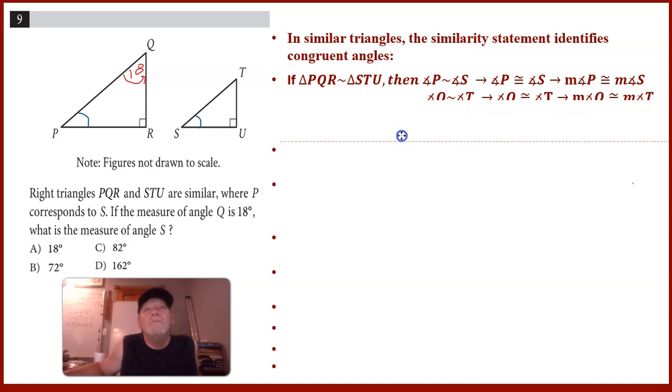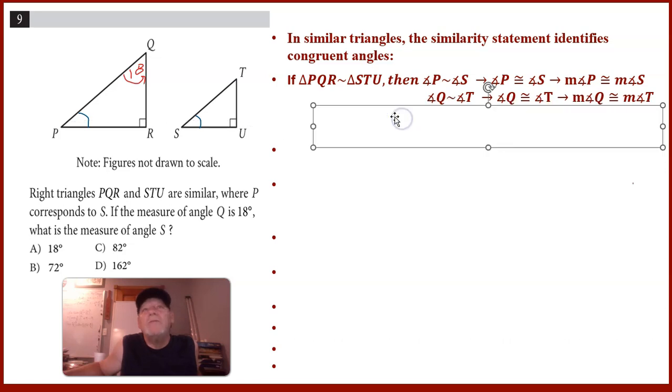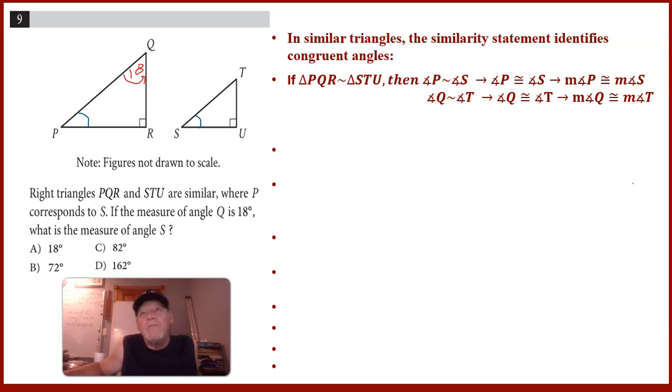Okay. So I can also say that the second listed angles, Q and T, correspond, which means if they correspond, they're congruent. And if they're congruent, it means their measures are the same. So I can go ahead and say that I know that this angle is also 18.